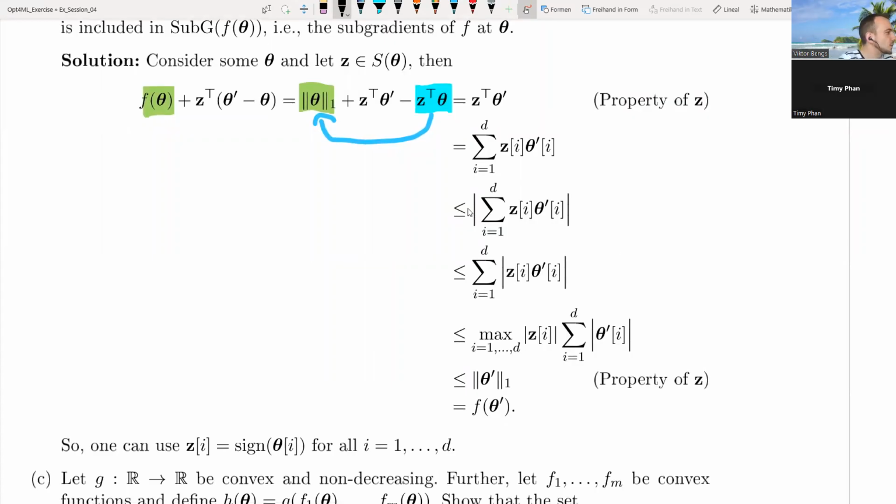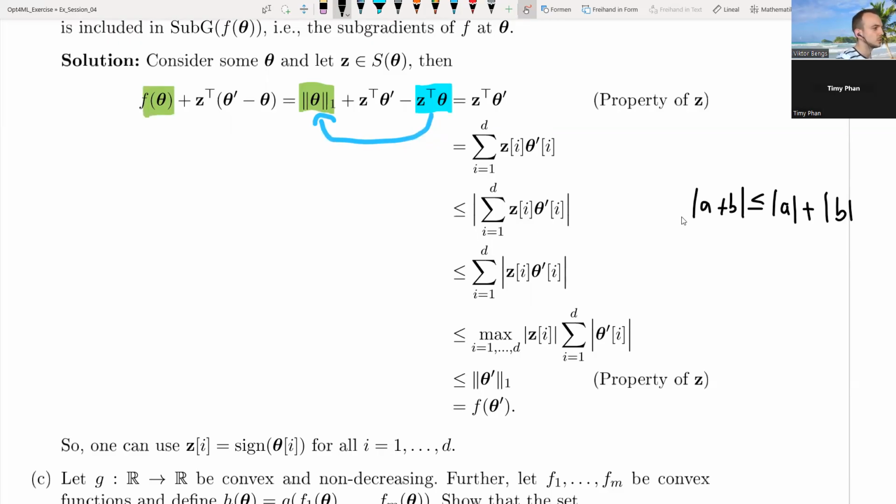And what we can then use is essentially the triangle inequality applied d minus 1 times. You know that the absolute value of a plus b is always smaller than the sum of their absolute values.